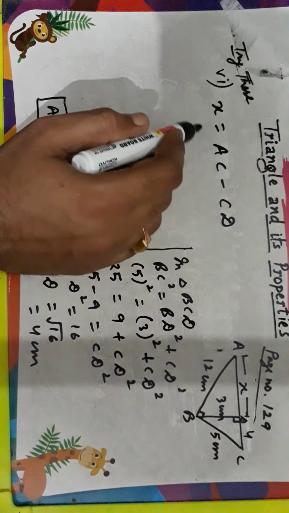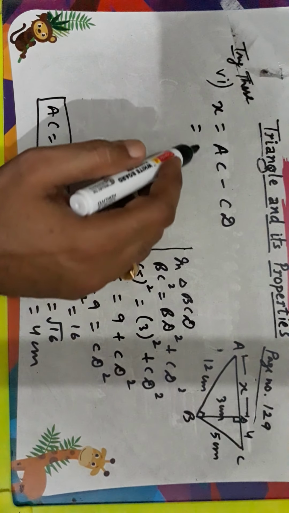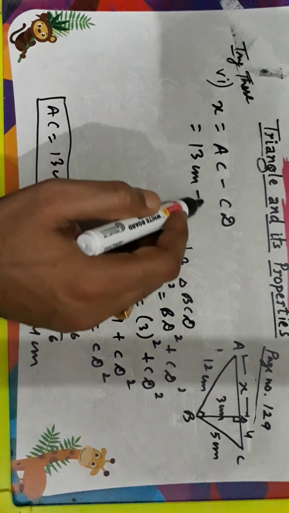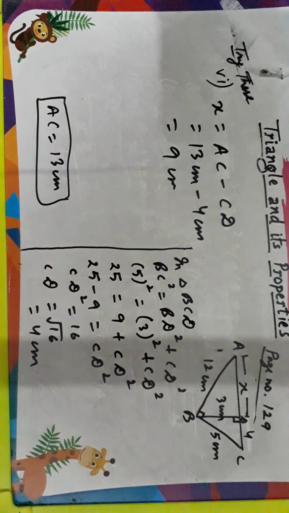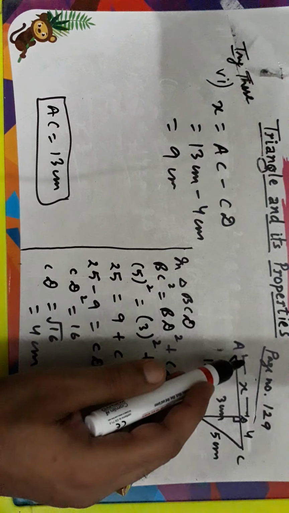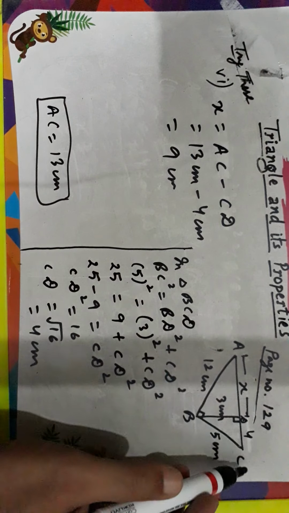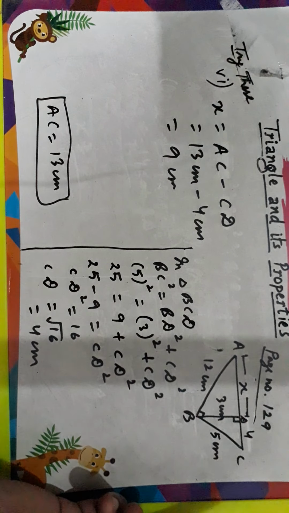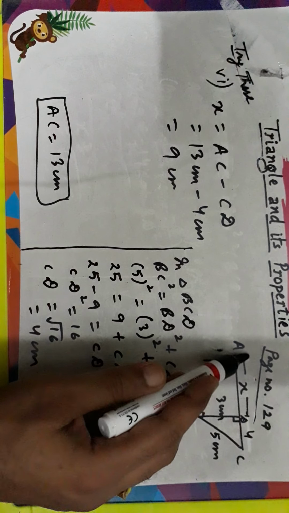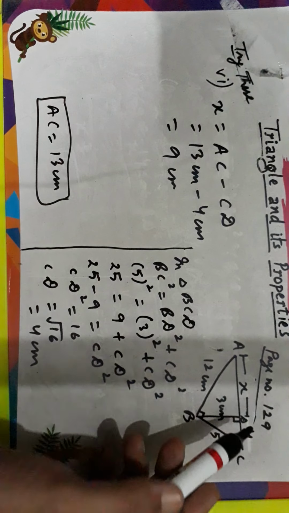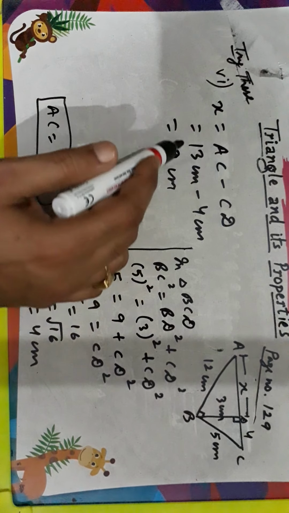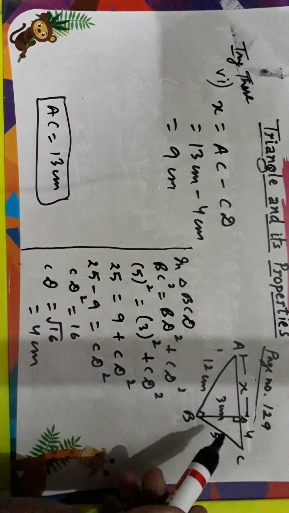So AC is 13 centimeter minus 4 centimeter, which means you get 9 centimeter as the value. I hope that it is clear. If x is entirely AC, then the value will be 13 centimeter, and if x is only AD, then in that case you will get 9 centimeter as the answer.